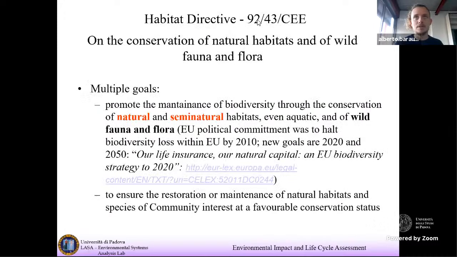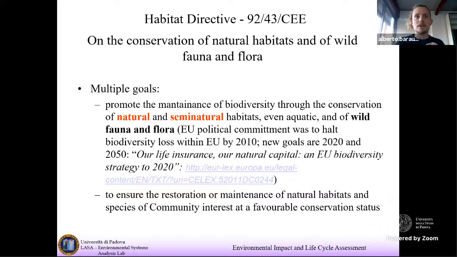So what is the Habitats Directive? It's a relatively old policy, which, however, in my opinion, is very modern. Even if it dates back to 1992, it's known for short as the Habitats Directive, but it is about the conservation of habitats and wild fauna and flora.